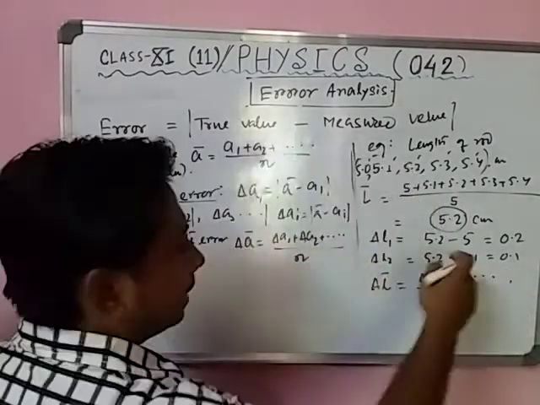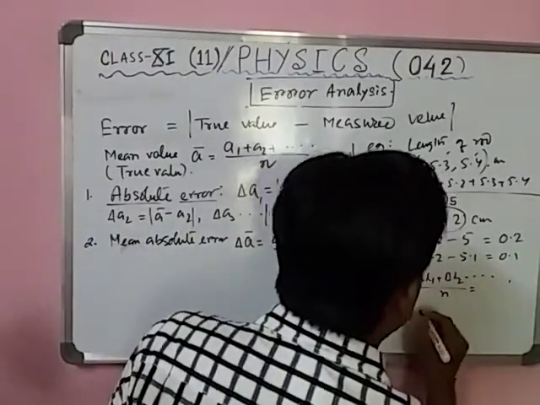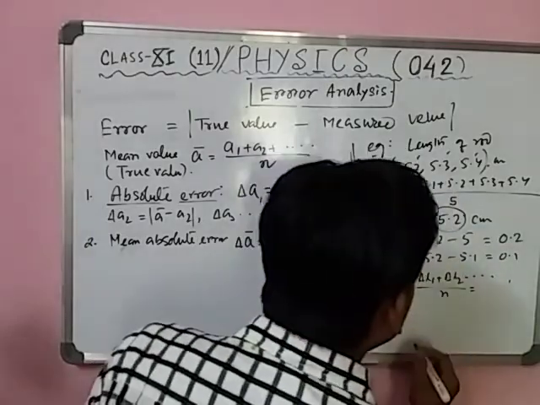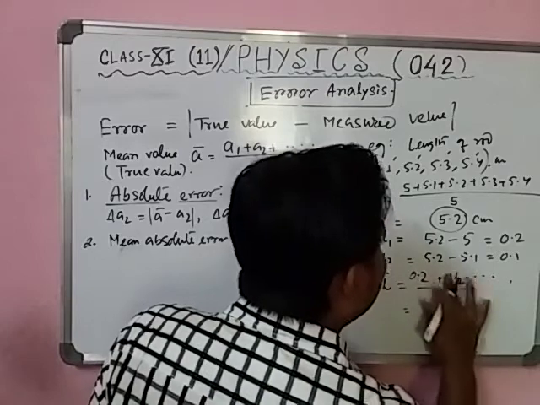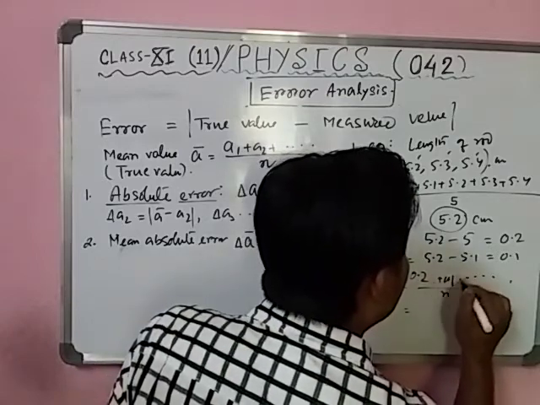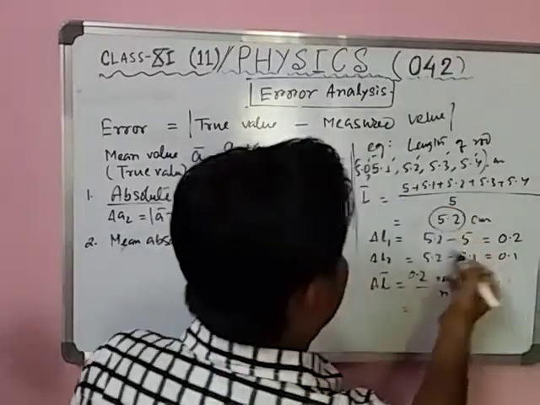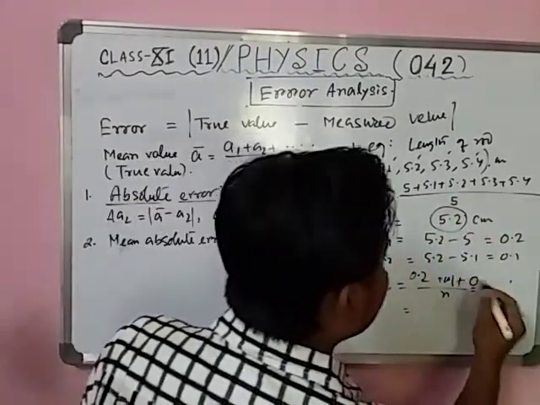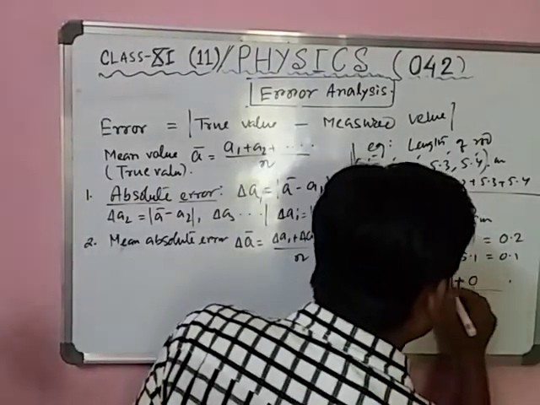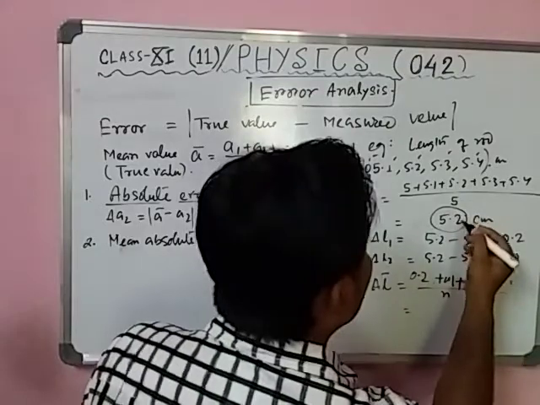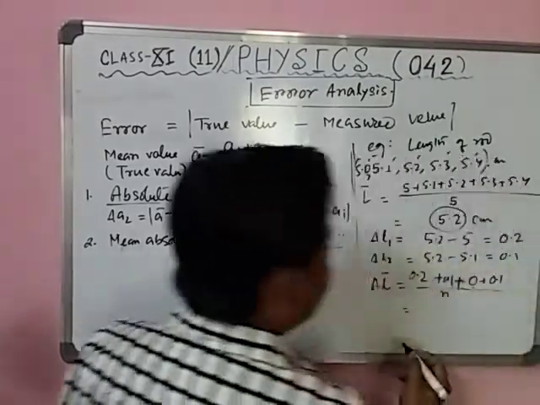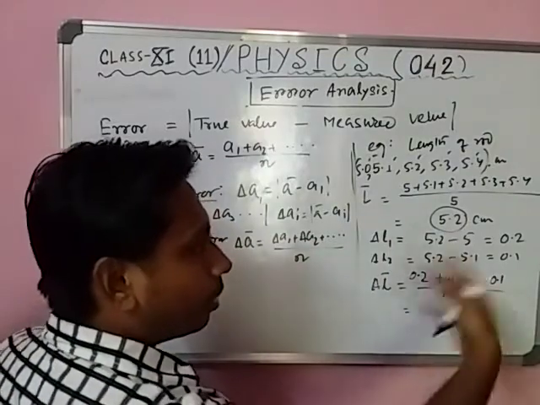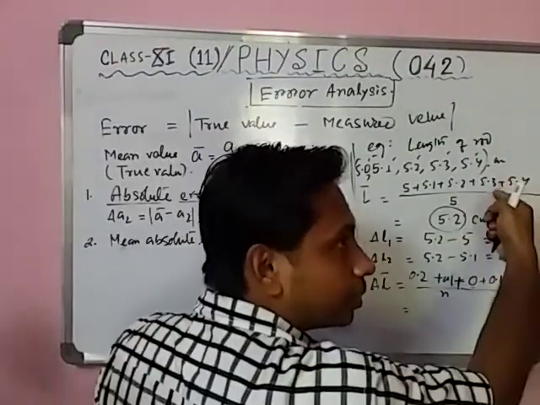Delta L1 means 0.2. So 0.2 plus 0.1 plus 5.2 minus 5.2, which is 0. Students, see 0. Then 5.2 minus 5.3 means 0.1 again. Okay. See, no minus. Always plus. 5.2 minus 5.3, what will you write?